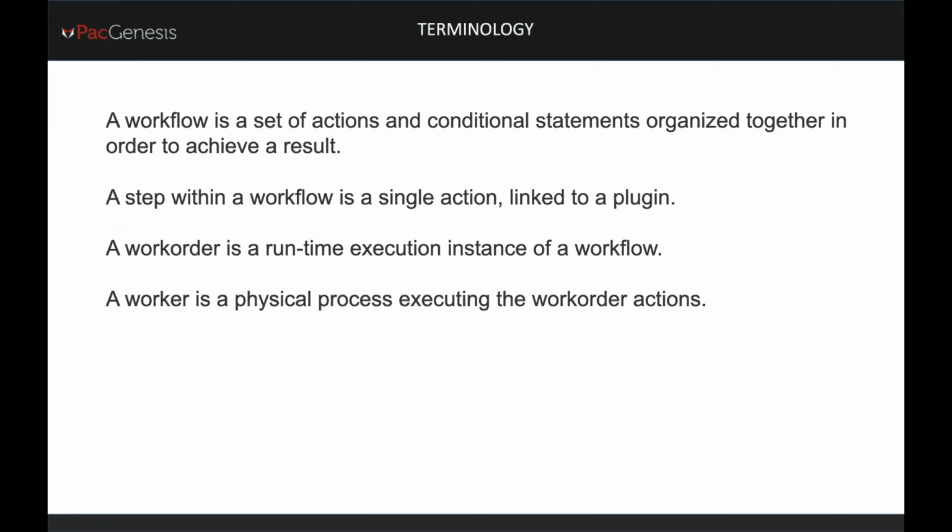So in programming terms, think of a workflow as a class and a work order as an object. You'll only have one workflow which defines what's being done, but that may be initiated into hundreds or thousands of work orders based on that workflow in a given day or whatever the requirements happen to be.